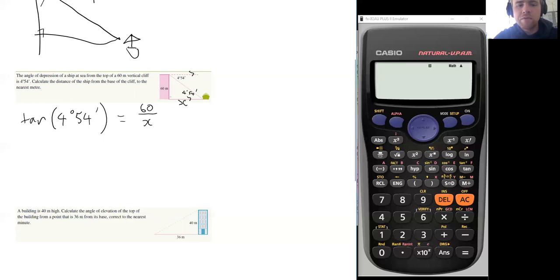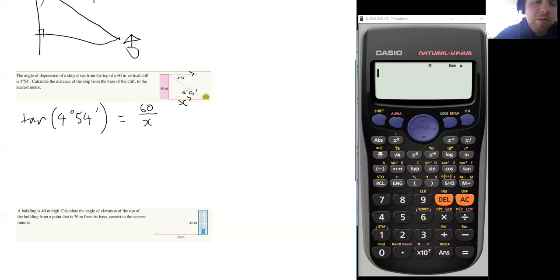problem. We've got x on the denominator this time. So what we're going to do is some cross multiplying. We're going to multiply both sides by x, and at the same time divide both sides by tan 4 degrees 54 minutes.